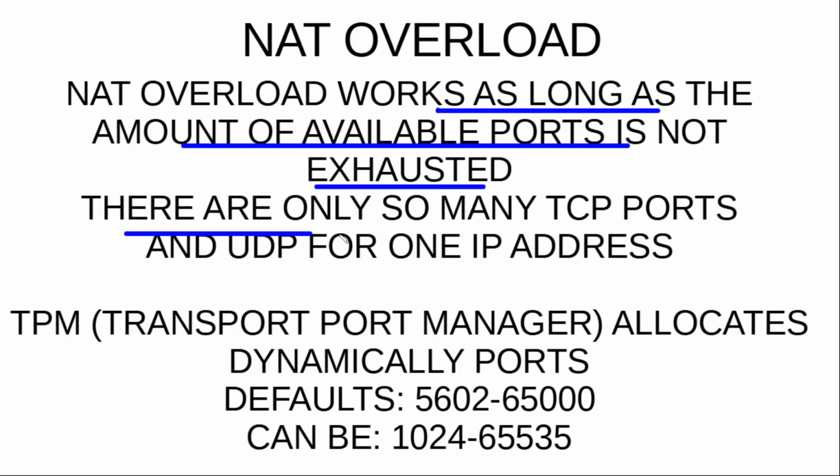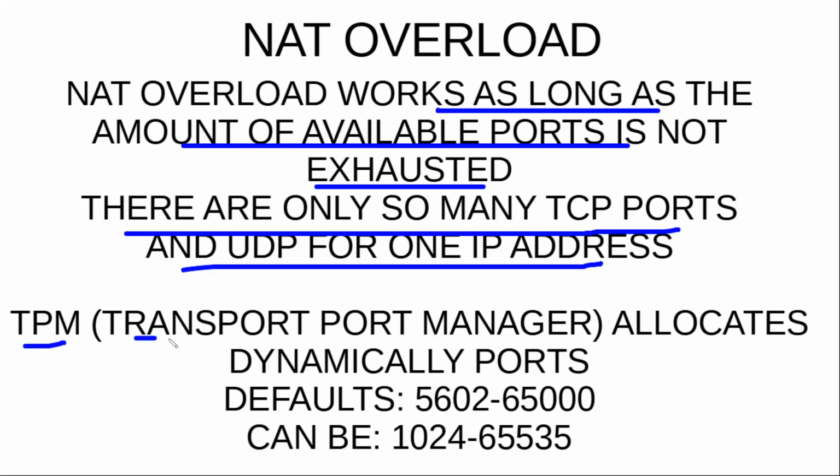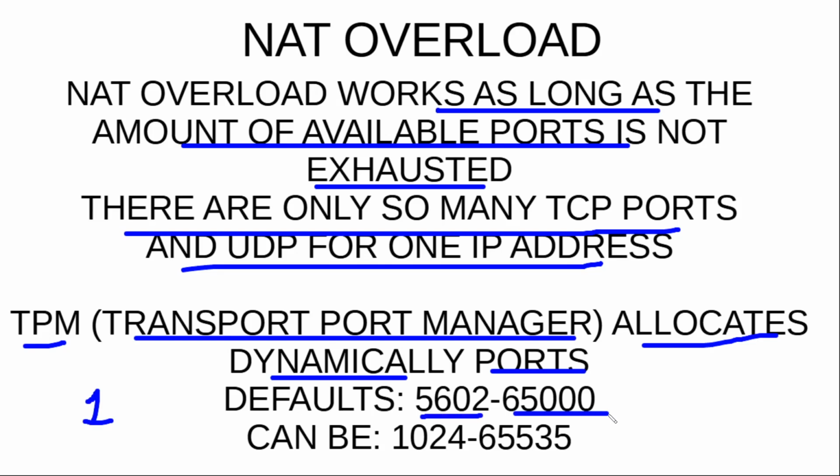Now, NAT overload works as long as the amount of available ports is not exhausted. There are only so many TCP and UDP ports for one IP address. So internally, Cisco uses this process that is known as TPM or Transport Port Manager. It is going to allocate dynamically the ports for all of this to work. By default, for one IP address, it is going to use ports from this number to this number. So this is the default range.